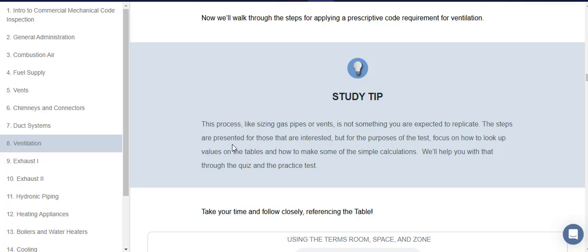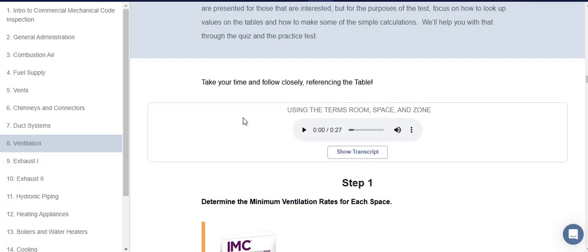The steps are presented for those that are interested, but for the purpose of the test, focus on how to look up values on the table and how to make some of the sample calculations. We will help you through the quiz and the practice test. Take your time and follow closely, referencing the table.